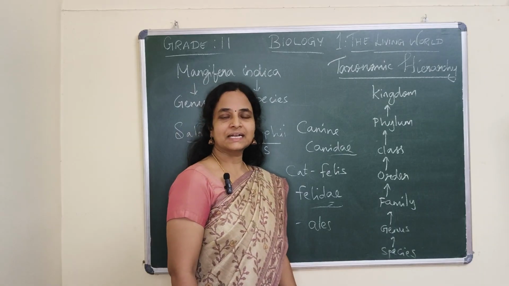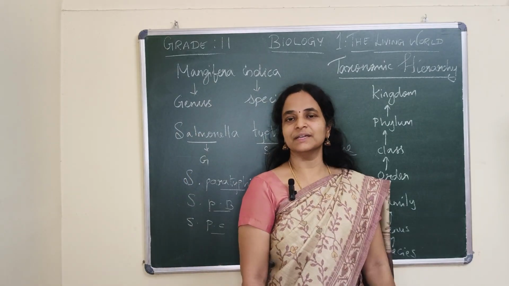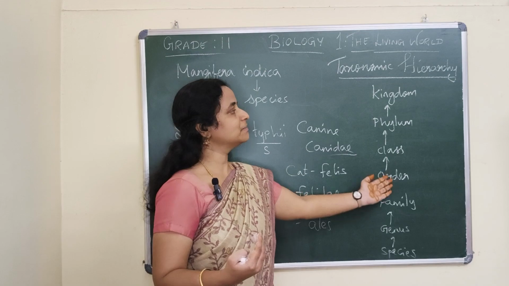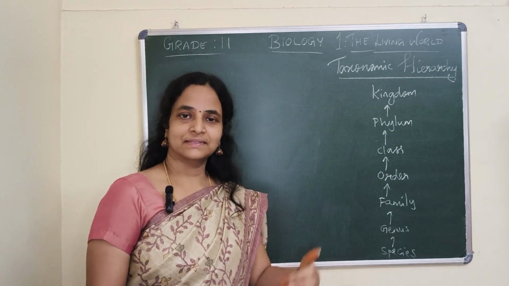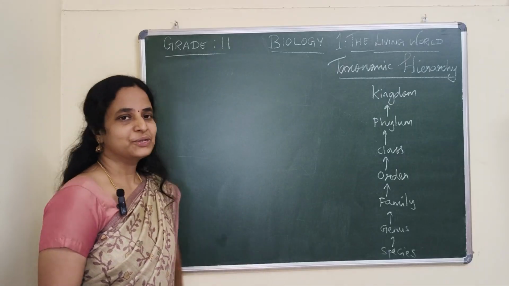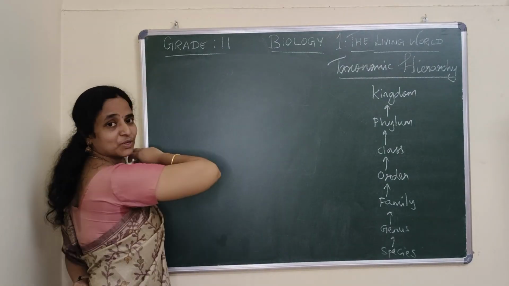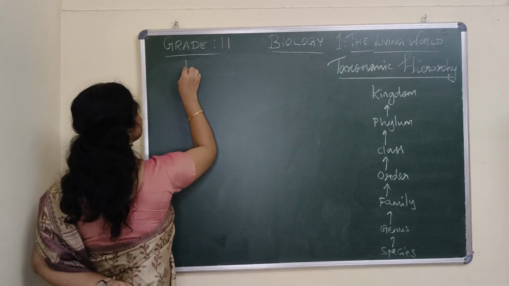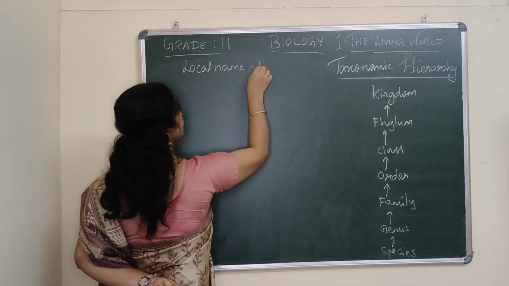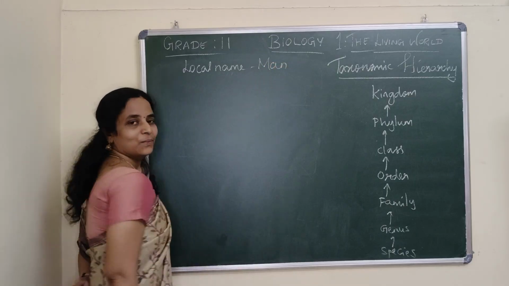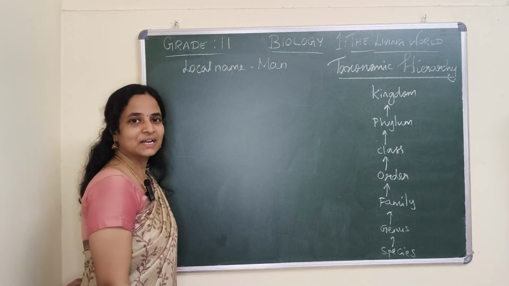So let us take a common example of human, and I'll give you the names. How do you arrange this? Let us see the taxonomic hierarchy of human. What is the local name or the common name? Man. Do you say zoological or botanical name?